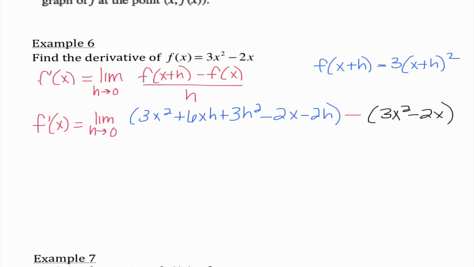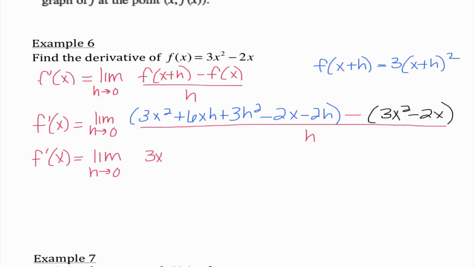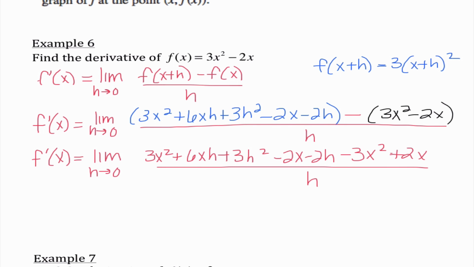And this is all over h. So I have f prime of x equals the limit as h approaches 0 of 3x squared plus 6xh plus 3h squared minus 2x minus 2h minus 3x squared plus 2x over h.